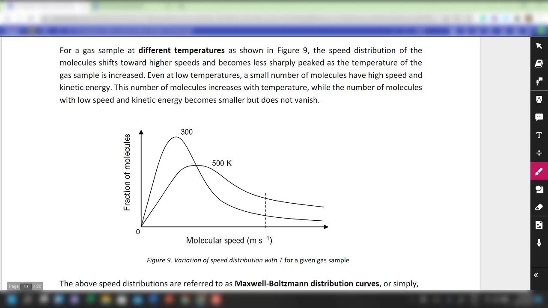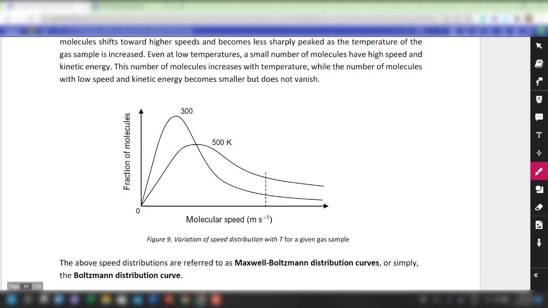The above is also known as the Maxwell-Boltzmann distribution curve. For the Maxwell-Boltzmann distribution curve, this portion is usually called kinetic energy.